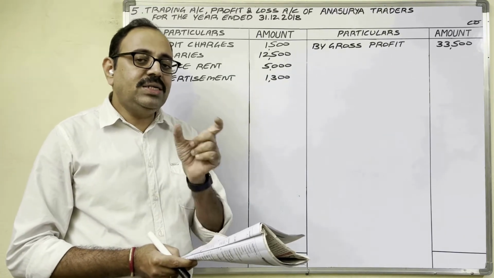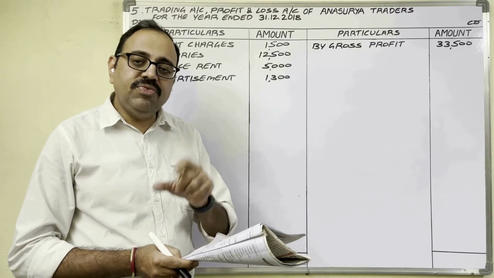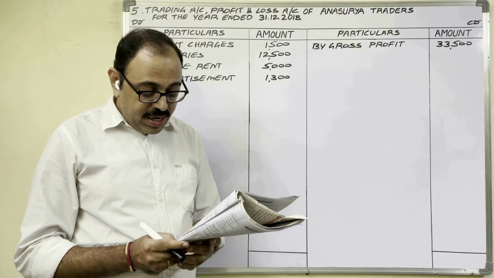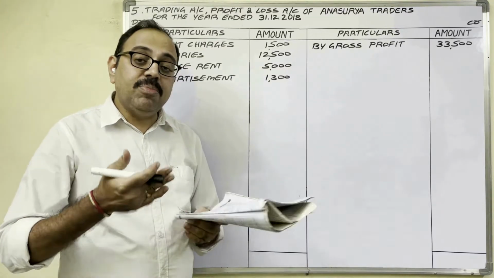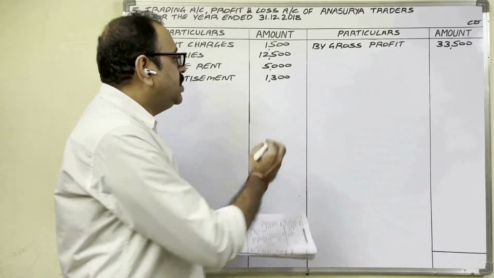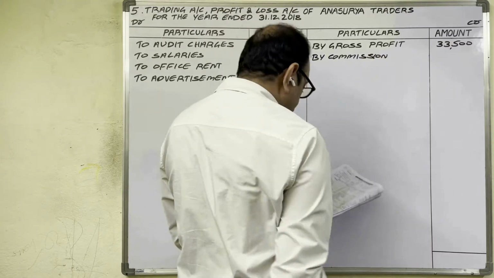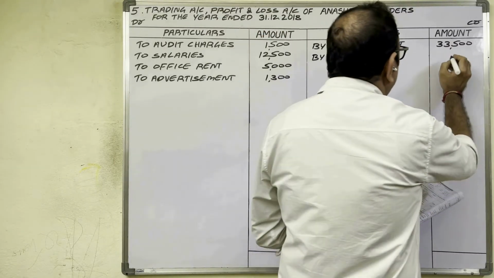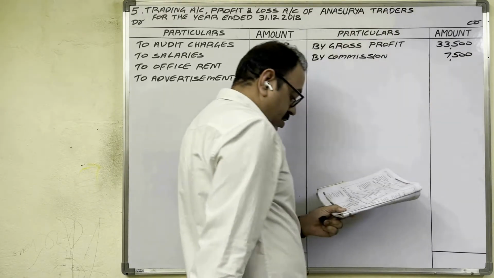Credit column contains liabilities, incomes, gains, provision, reserve, fund. So here in credit column he is giving commission. We should understand that this is commission received, income. This is indirect income. Credit side we should have, by commission. No adjustment. Therefore, amount in outer column 7,500 rupees.